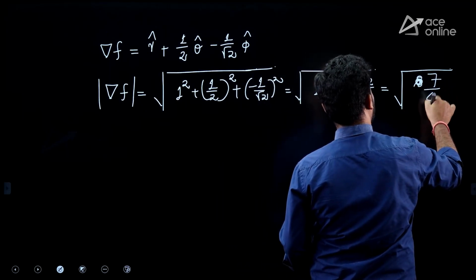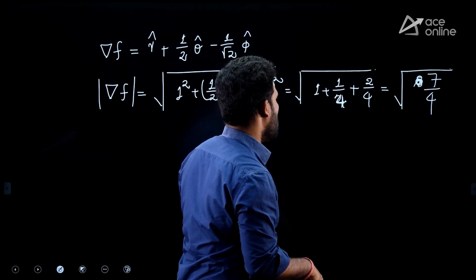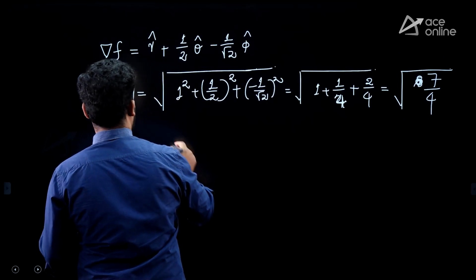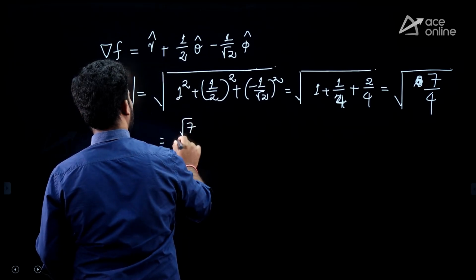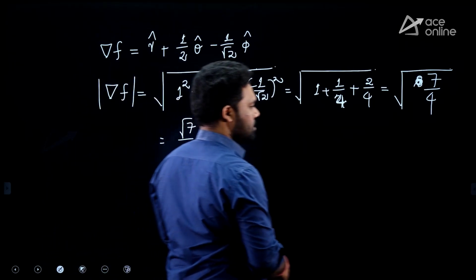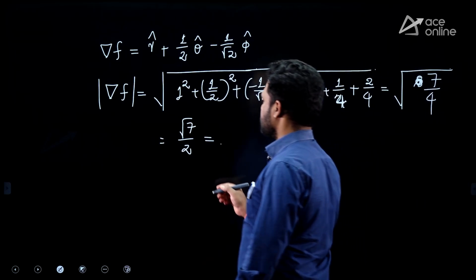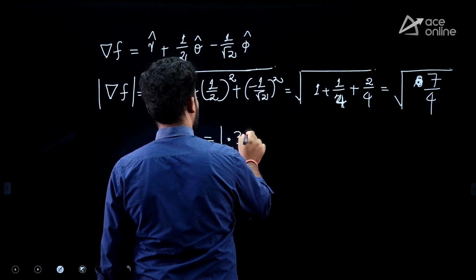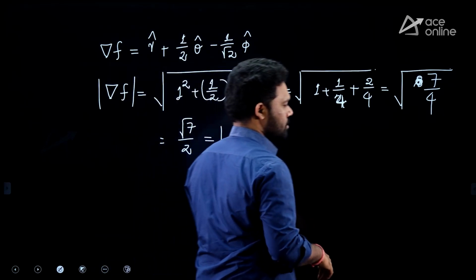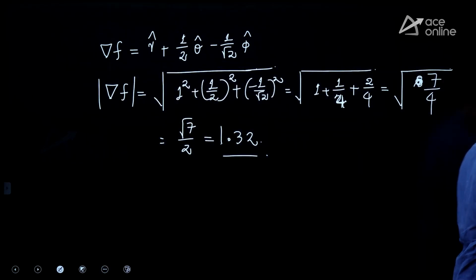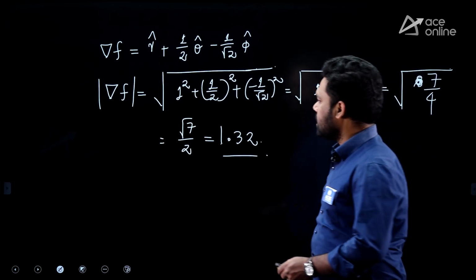Am I correct? So it is root 7 by 2. How much is this, guys? Root 7 by 2 is 1.32. Okay, guys? Okay, fine.